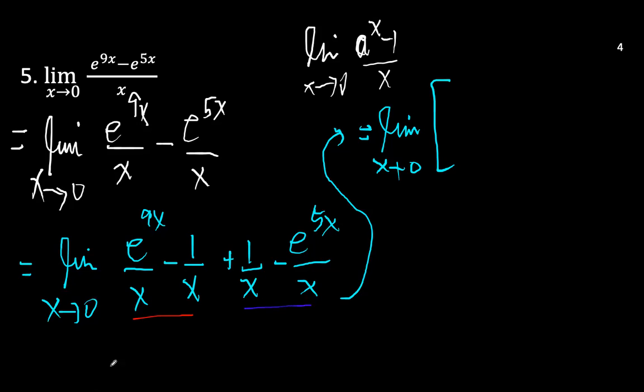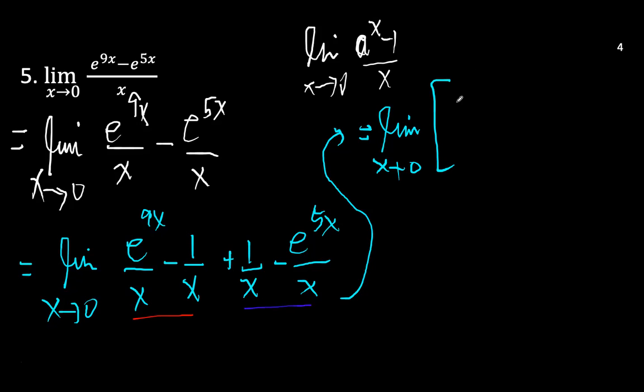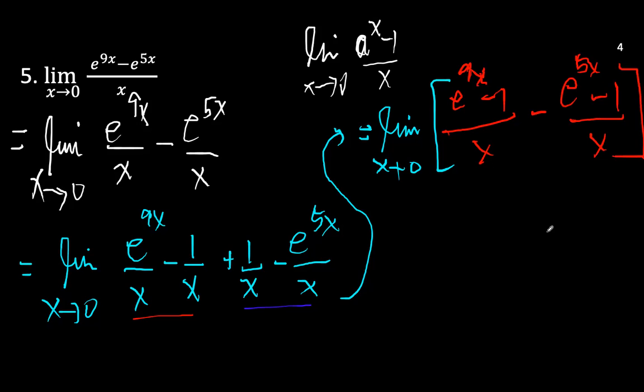Let's do the red one first. I can say that e raised to 9x minus 1 over x minus e raised to 5x minus 1 all over x.